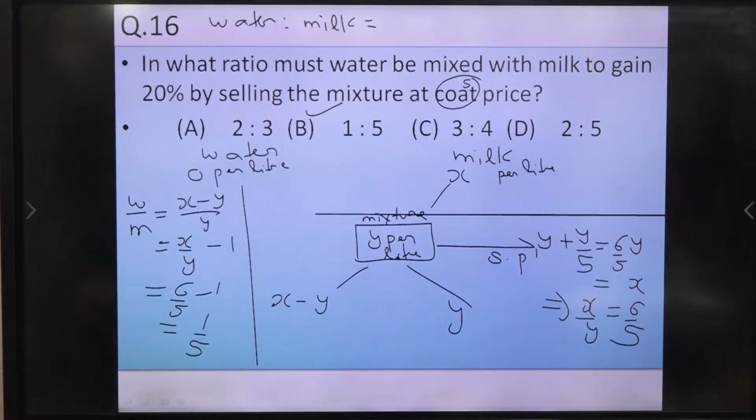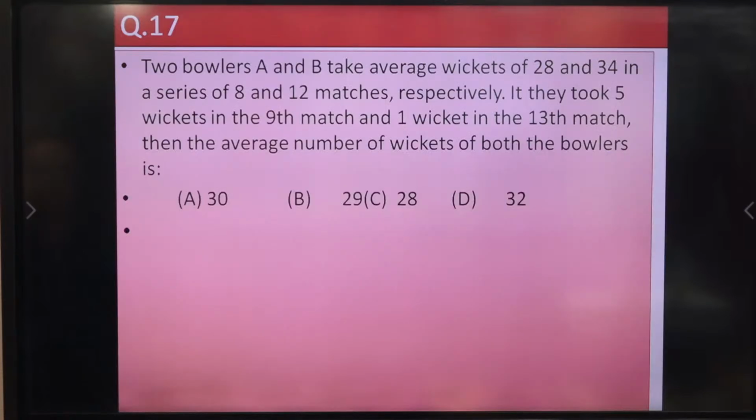So now come to the next question. This is a really important question for all the competitive examinations. So we have our second next 17 question here. Just read the question and try to find out the answer.